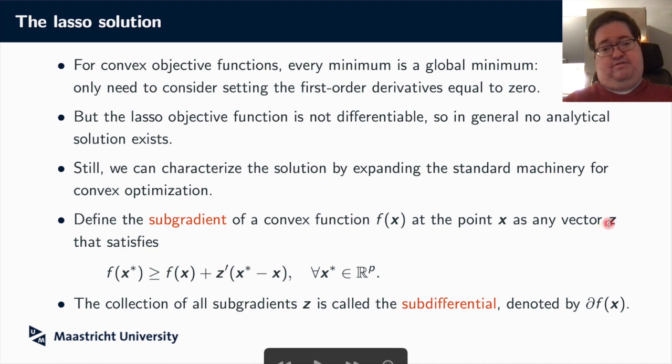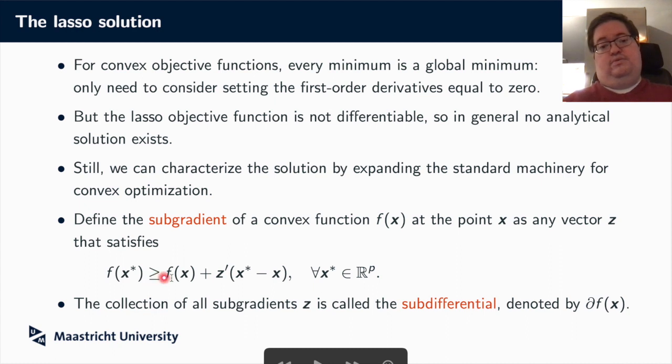And the subgradient is a line, essentially, any vector z that satisfies this inequality. Right, so you take a point x and you have a line z such that, moving away in a linear way from that point x, you remain below the function value at the new point x star. So we're approximating this function linearly, and we should remain below the function values.